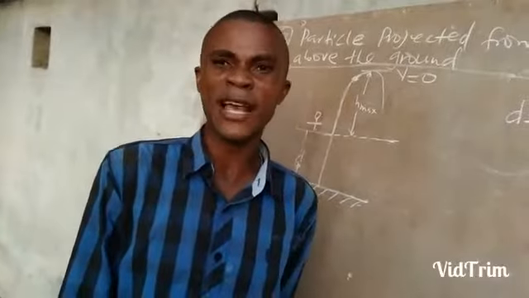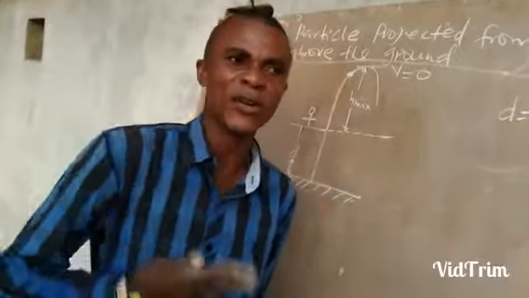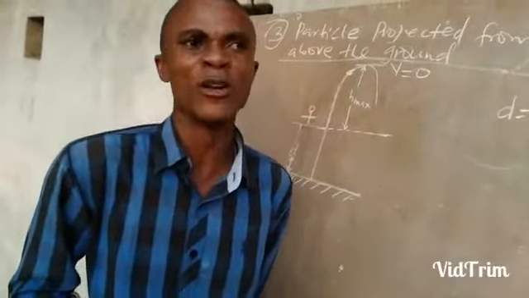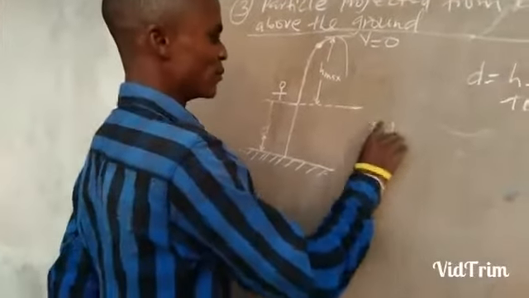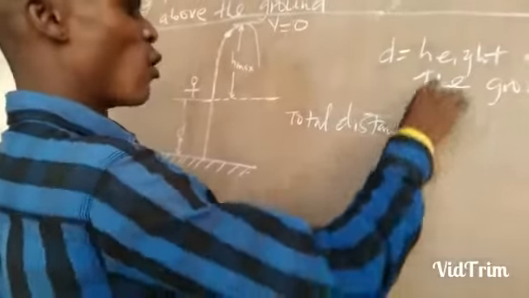So if you are interested in an object that is projected from a height above the ground, and you want to get the total distance covered or the total height, you can now say total distance or height.